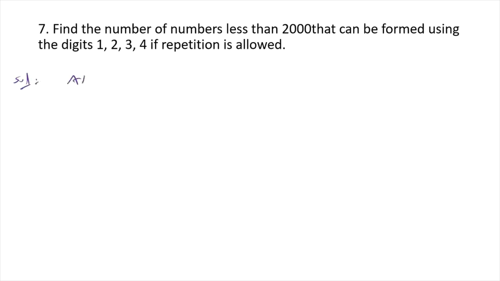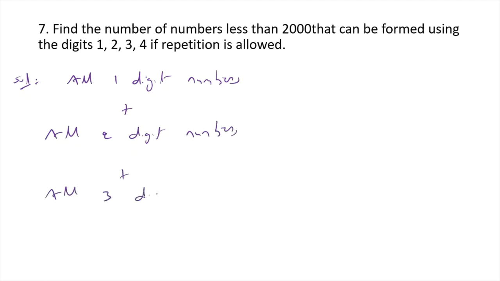So all 1-digit numbers are less than 2000. All 2-digit numbers are less than 2000, and all 3-digit numbers are less than 2000. But all 4-digit numbers are not less than 2000.